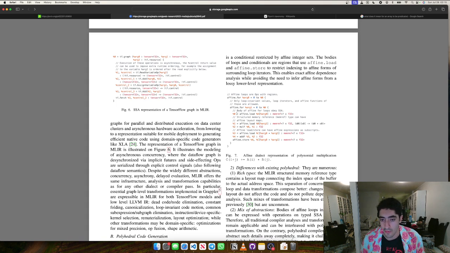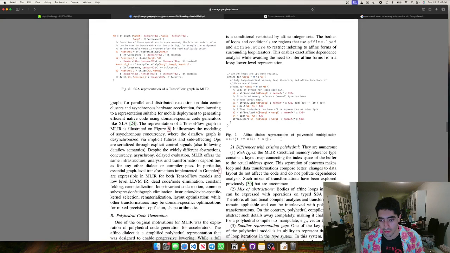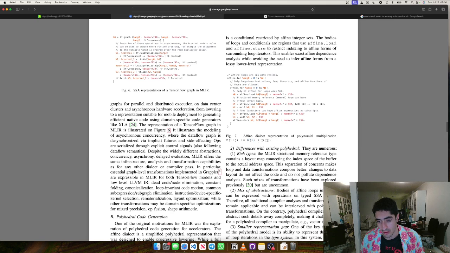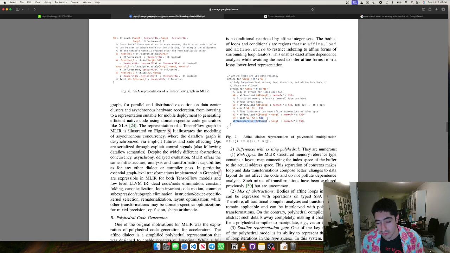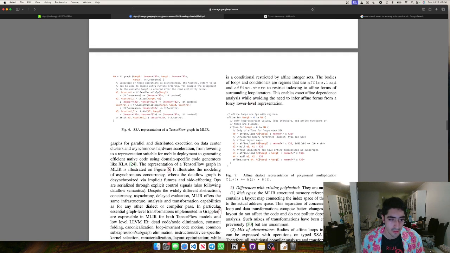And then from there we have just loading with memory references, and affine dialect representation of polynomial multiplication. C i plus j plus equal, so just putting everything back in there. A i, B j. So add function, multiply function, F32. Where's F32? Okay.